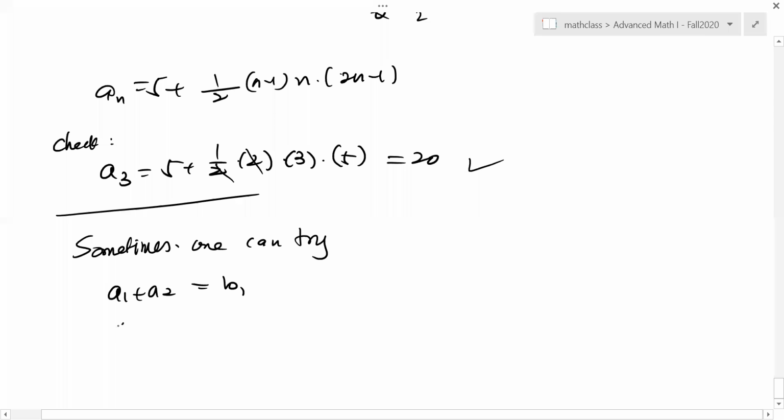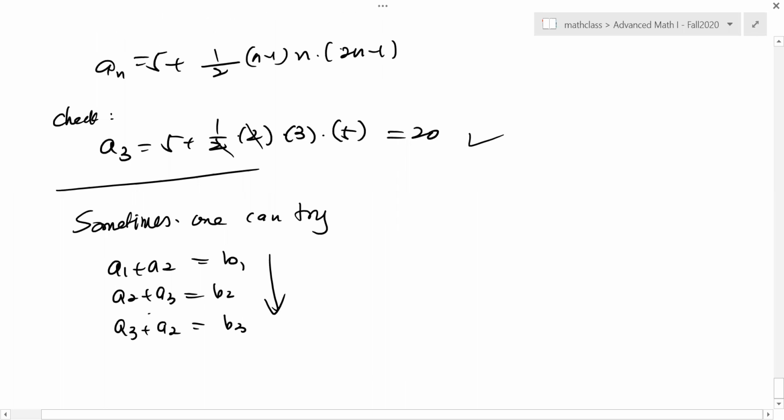You will find out this sequence generated from adding 2 consecutive terms together has some pattern. And if you take a difference, then there's no pattern. You cannot see the pattern.